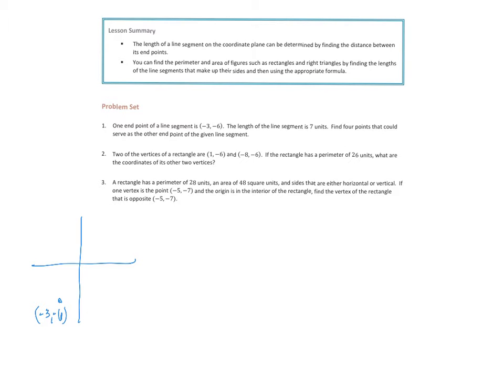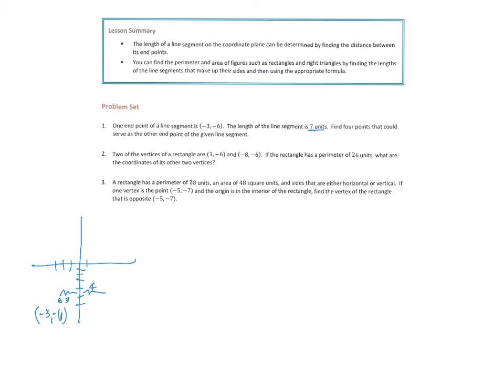So here's 0, 1, 2, 3, and then 1, 2, 3, 4, 5. Throw in another one. Okay, 6. So if I'm a distance of 3 here, and what did it say I want? 7. So that means I have to go 4 here, right?